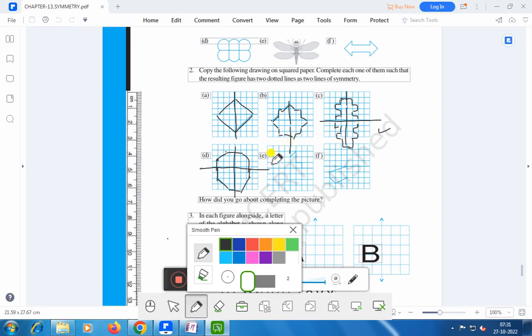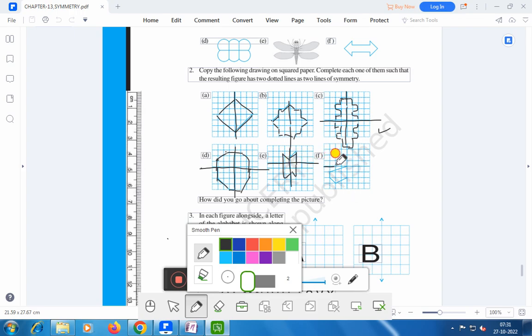This is the vertical line of symmetry, and they have drawn like this one, and this one, right? That means you have to draw like this one, right? And if this is the vertical line of symmetry, it will be like this, and like this. This one is like this.